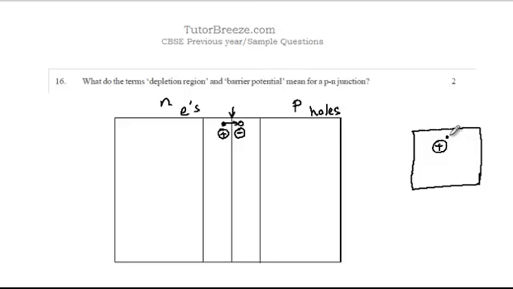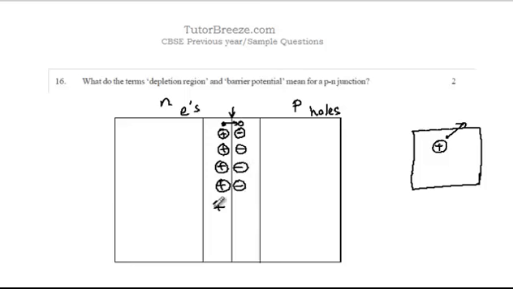Now, if this electron moves away, then the material is left with a positively charged ion. So on the N side you have positively charged ions, and on the P side you have negatively charged ions, and a layer like this is formed close to the junction.